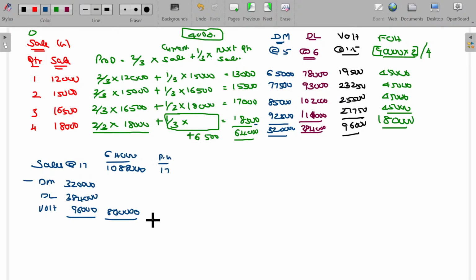Variable cost per unit being 8 lakhs divided by 64,000. 12.5. Okay. Then what about the contribution? 2,88,000. Otherwise 4.5 per unit. Fixed cost being 1,80,000 rupees. 1,08,000 is the profit here.